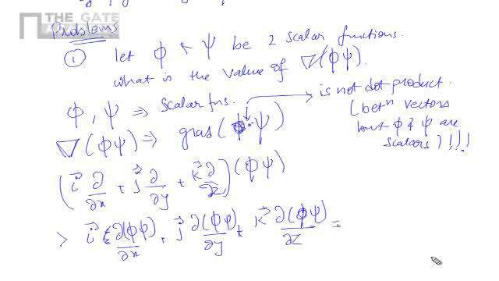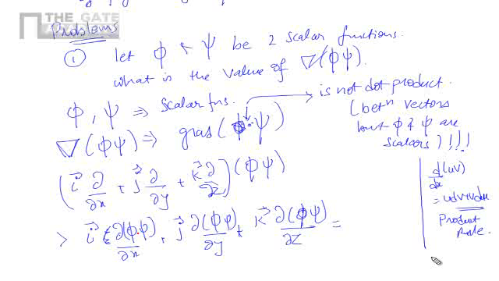Now we have to solve this. If I recollect from the basics of differentiation, what is differentiation of uv? D by dx of uv is nothing but u dv plus v du, product rule, right? So if I use the same thing here, what will I get? Phi and psi are two functions.